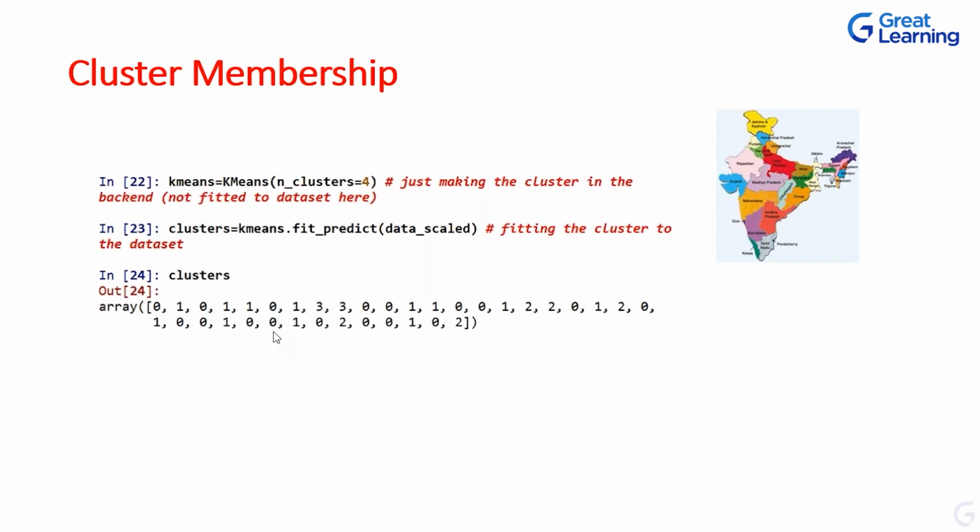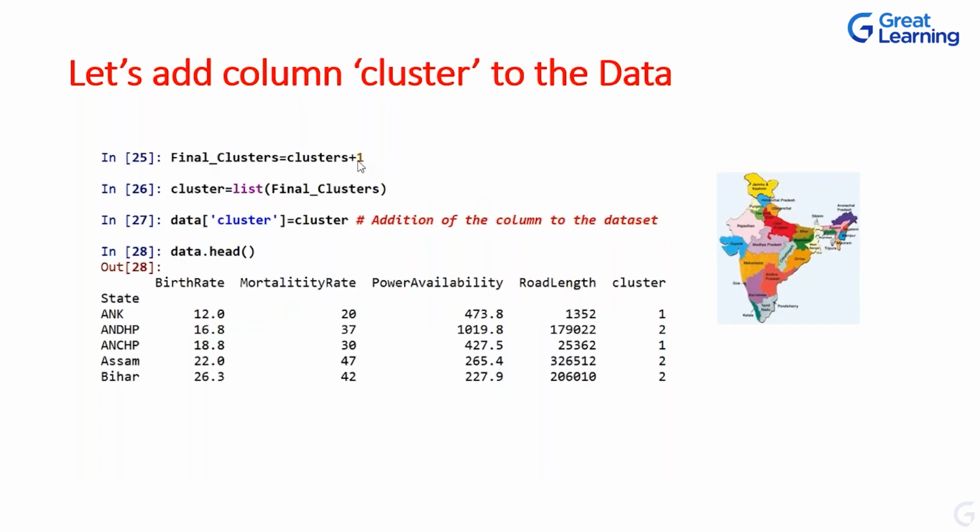You all are aware that Python's indexing starts from 0. So 0, 1, 2, 3. Later on, we will add 1 so that it doesn't bother us what is 0 and why 3. So we have added 1. We can list them and we can see that now we have added one more column to our data.